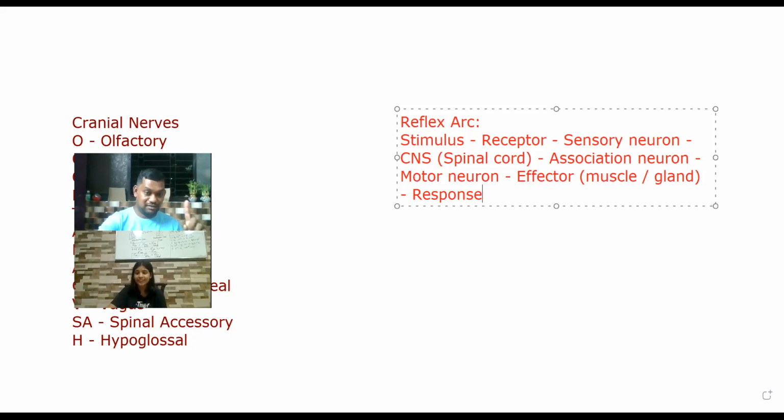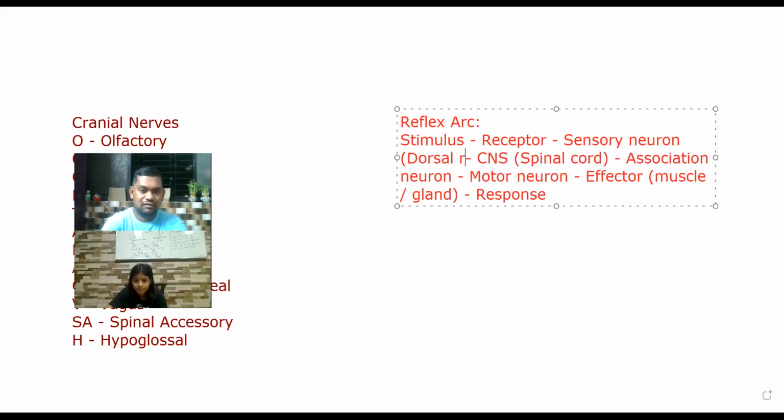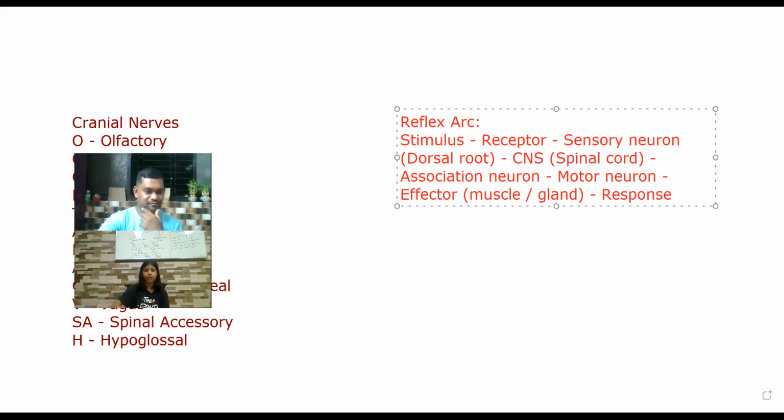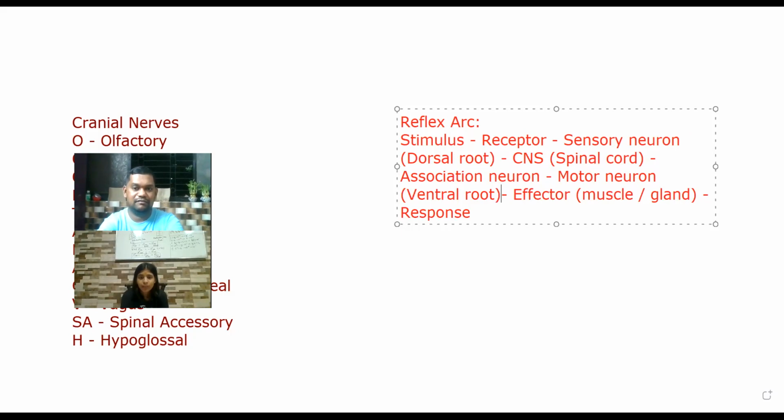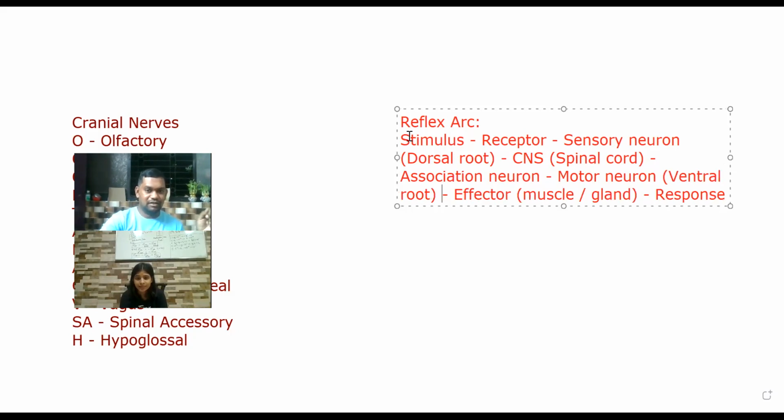One more thing. The sensory neuron will connect via the dorsal root, and the response will pass through the ventral root. That also you have to know. Here you have seen a path.